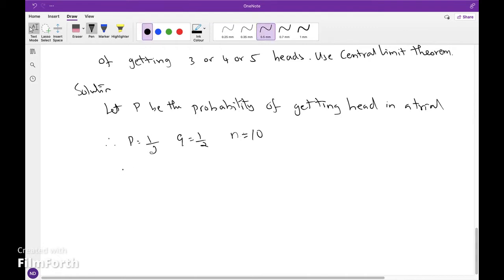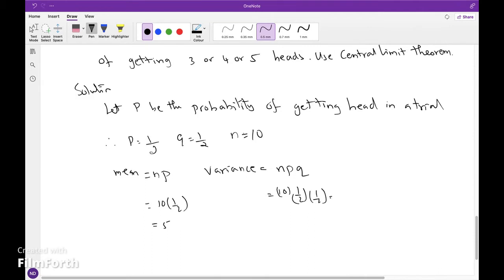So we know that for a binomial distribution, mean is equal to NP and variance is equal to NPQ. So here the mean is 10 into 1 by 2, that is 5. Variance is equal to 10 into 1 by 2 into 1 by 2, so 2.5.